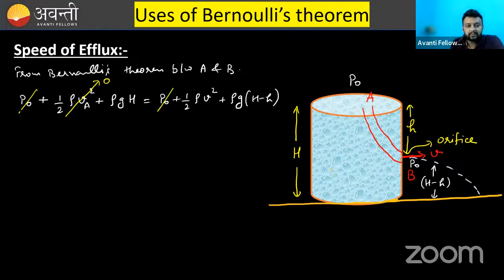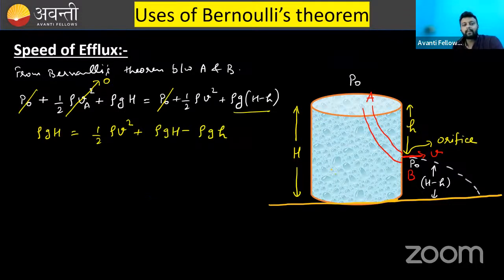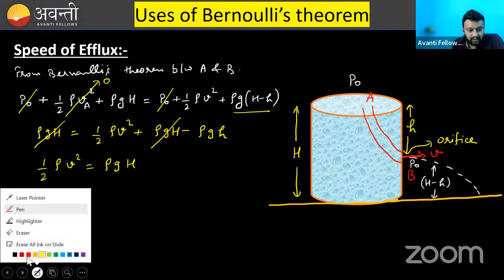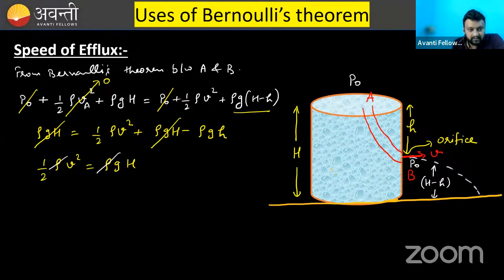This P naught will be cancelled by the P naught. So what will remain? Rho g H is equal to half rho V square plus, I will open this bracket, rho g H minus rho g h. You can see that this rho g H and this rho g H will be cancelled out. What will remain? Half rho V square is equal to rho g h. Again rho will be cancelled.